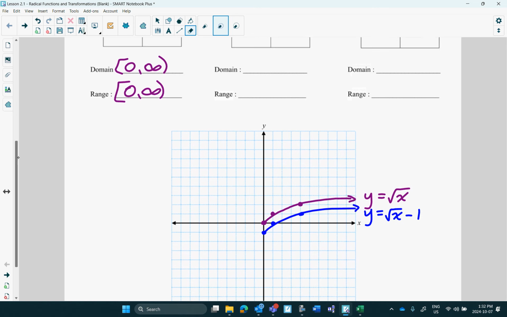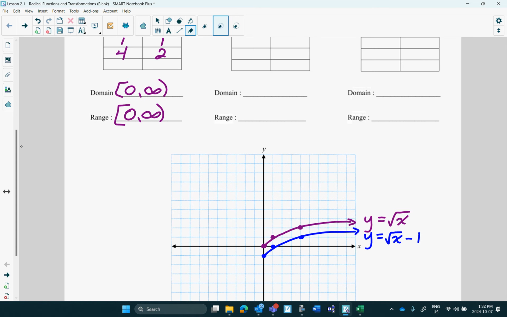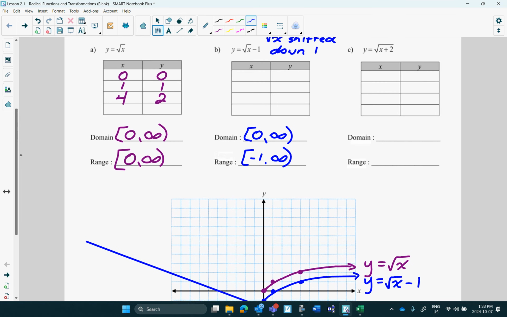Okay. Oh, sorry. Domain and range. 0 to infinity. Right. What would you do with the third one?